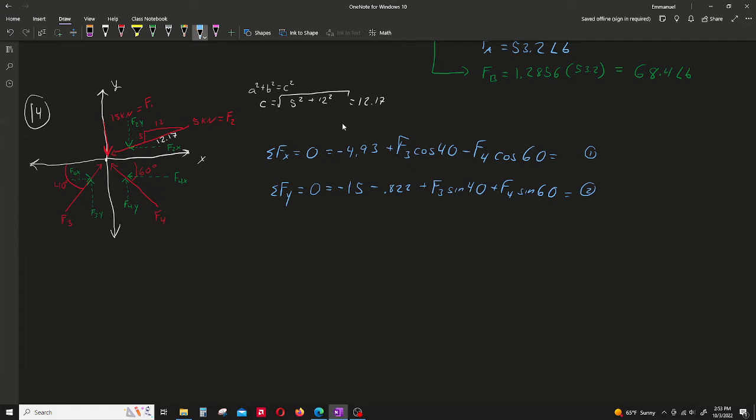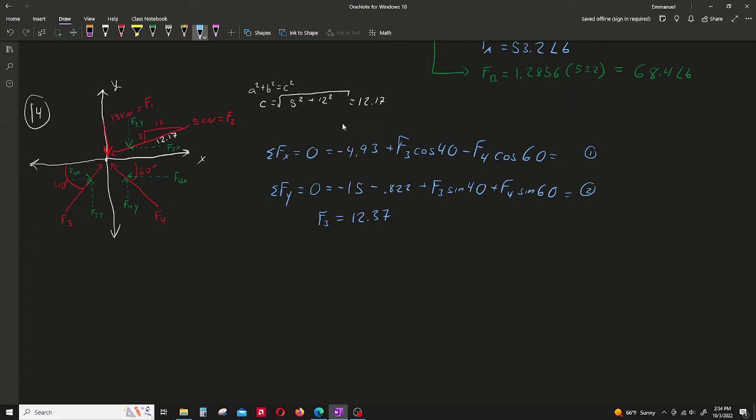I'm hoping you guys are kind of familiar with how to do this. My last video was over an hour long, so I'm trying not to make this one that long as well. But F3 in this case would be equal to 12.37 once you rearrange this problem to solve for F3.